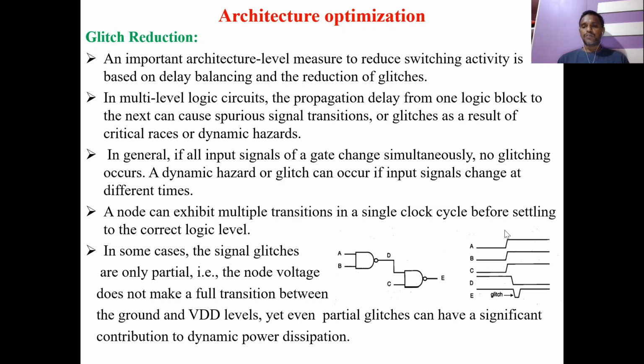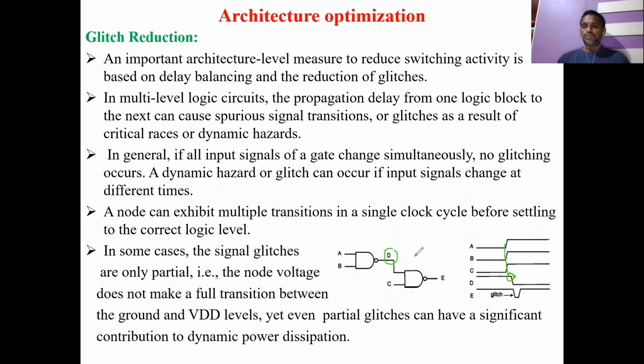Now if you observe this diagram, A, B, C, all three inputs are arriving at the same point. But what happened to D? D arrives at this point later, so the application of D will be delayed by this much time.